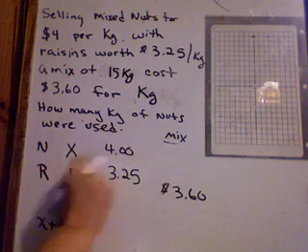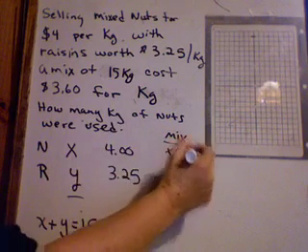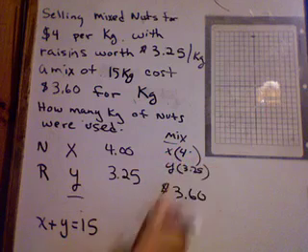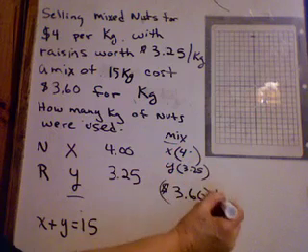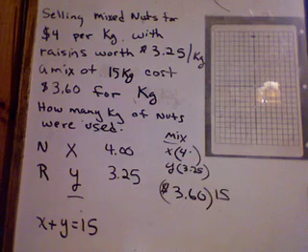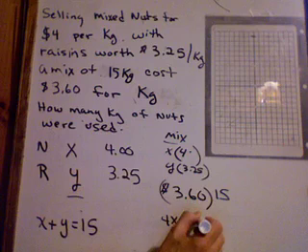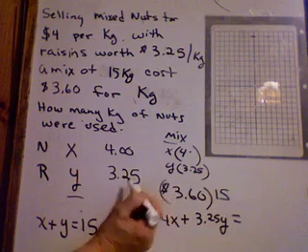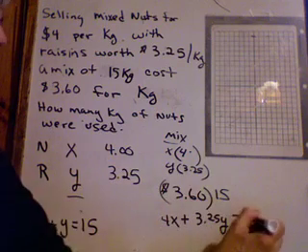And then the x times $4 and the y times $3.25 and the $3.60, how many kilograms do we have in that final mixture? 15. So there is the second equation. I would call this one 4x plus 3.25y equals, and 15 times 3.60 is 54.